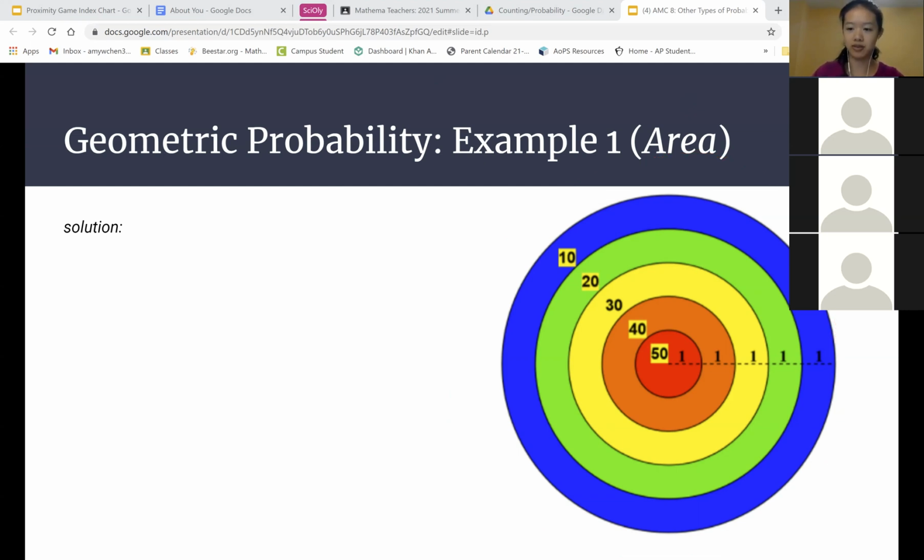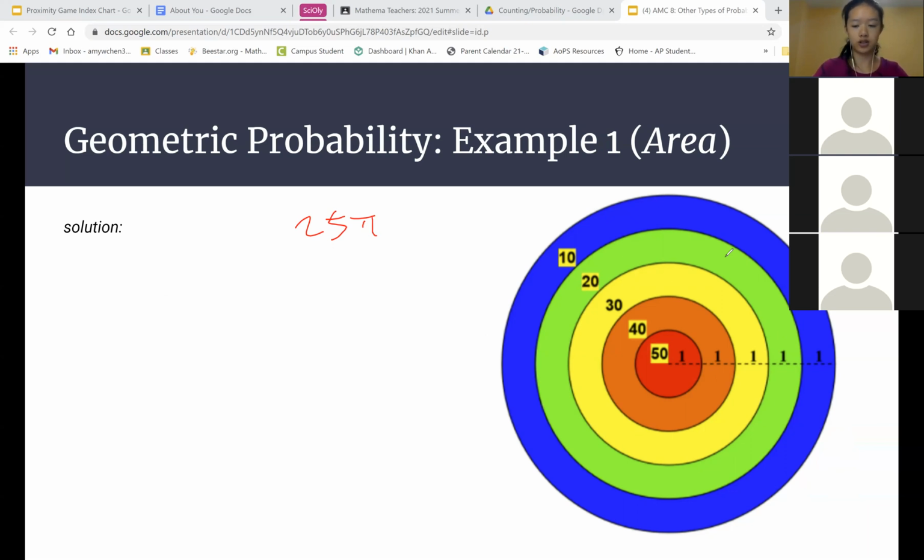I hope you remember the formula for the area of a circle. By the way, you should express your answer in terms of pi, so don't multiply pi out. It would be 25 pi because the radius is 5, since it's 1 plus 1 plus 1 plus 1 plus 1. So it's 5 squared times pi, and the total area is 25 pi.